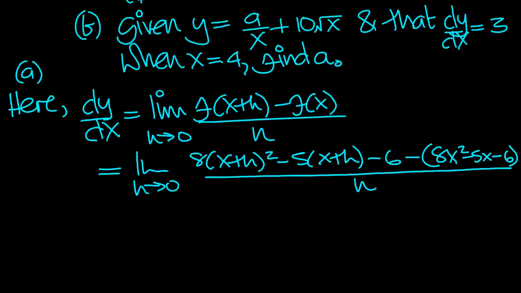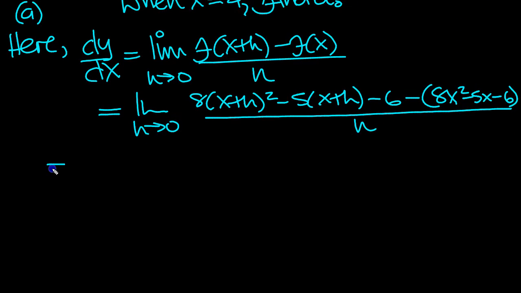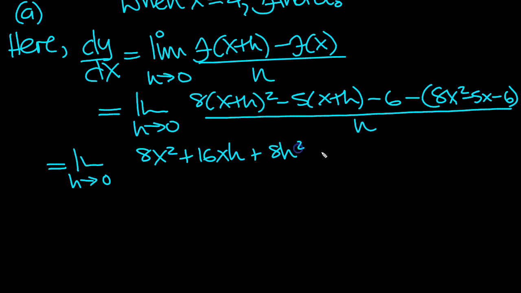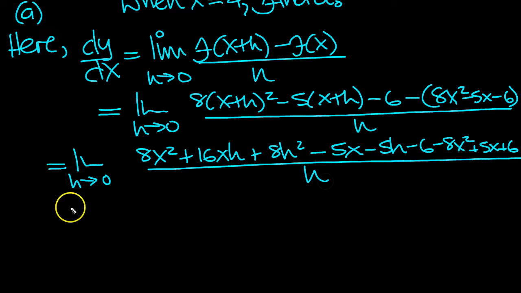Now let's expand the brackets and try and simplify. So that equals the limit as h tends to 0 of 8 lots of x squared, isn't it? 2xh, so that'll be 16xh is the middle terms, and then h squared times 8 is 8h squared, minus 5x, minus times plus is a minus 5h, minus 6, minus 8x squared, minus times minus is a plus 5x, and then minus times a minus is a plus 6, all over h, which equals the limit as h tends to 0.